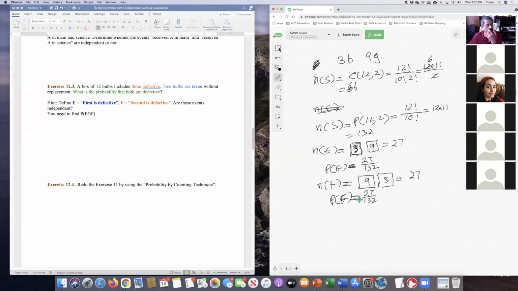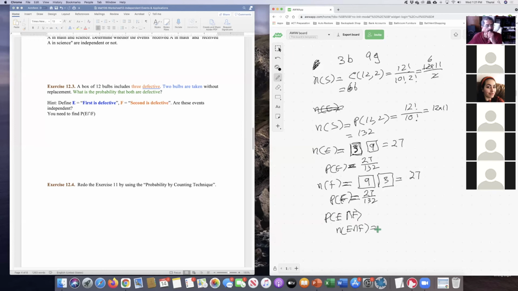Our question is whether they are independent. So we have to find the probability of E intersection F. E intersection F would be first one defective and second one defective, right? That means both have to be defective. To find that, I need to find the count of elements in E intersection F, the event of getting both defective.